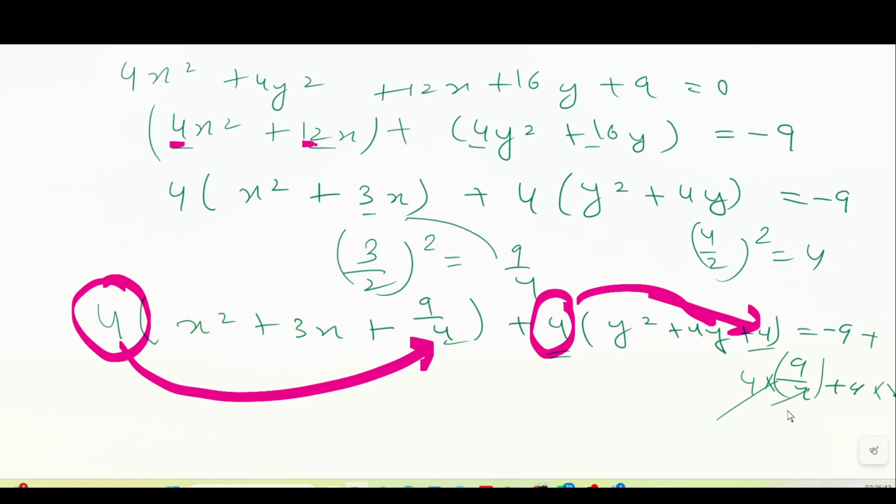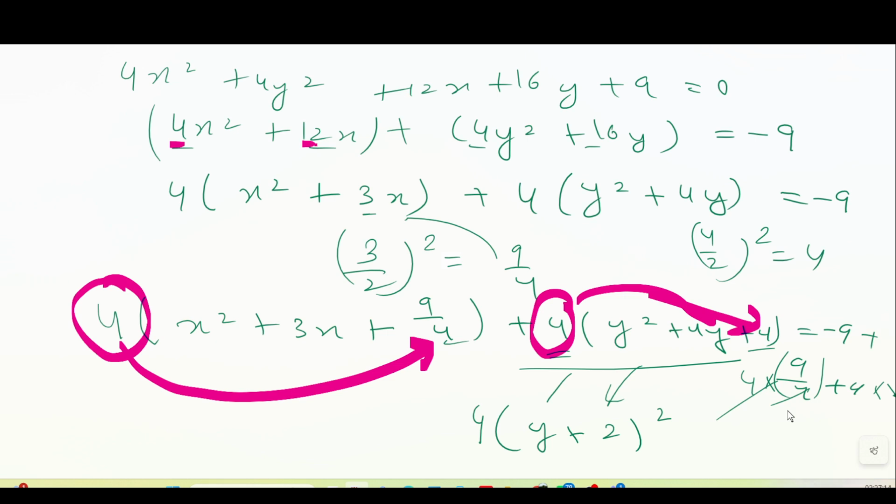Now, so what we have here. Also on this side, this is going to be 4. Let's first do the easy part. This one is the easy part, right? This will be just 4 times y plus 2 whole squared, because we know this.